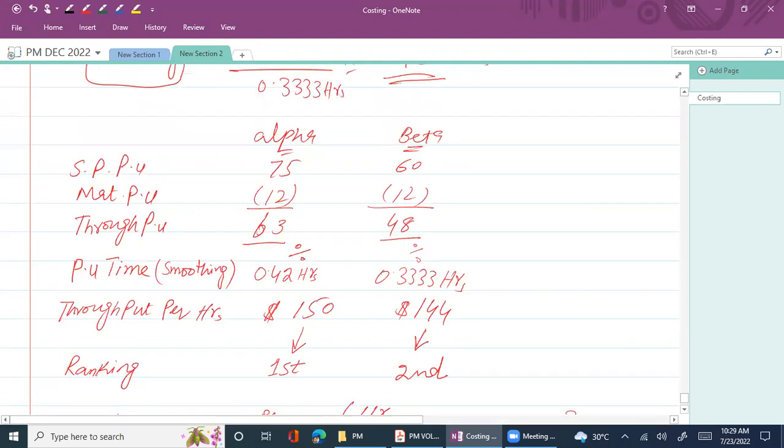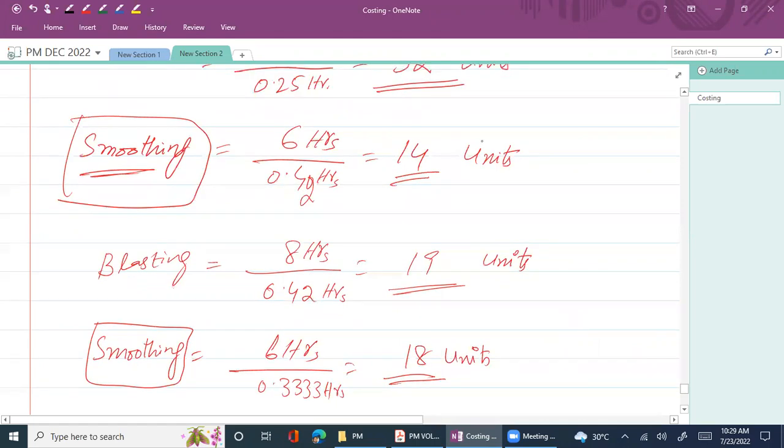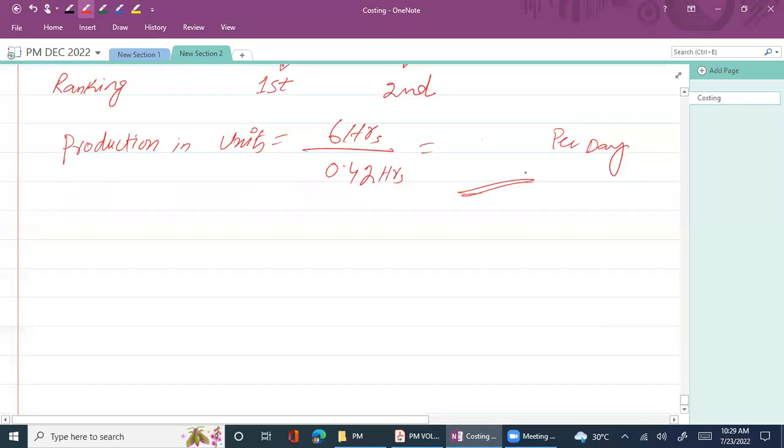What will be the answer? 14 units. So we will be producing 14 units of alpha per day and no beta. Is it clear?